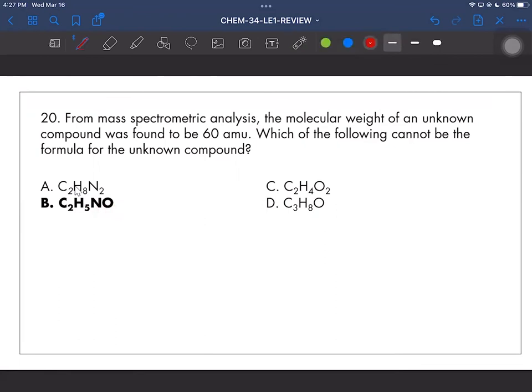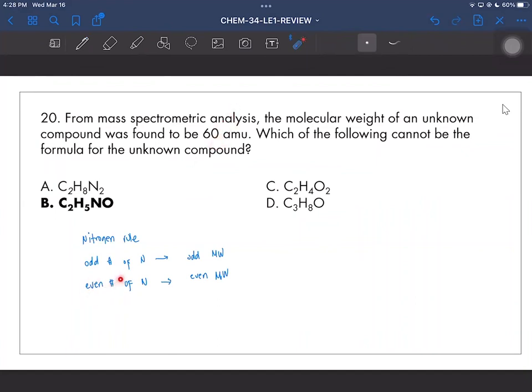But we can also find an easier way through the nitrogen rule. So yung nitrogen rule natin states that if may odd number of nitrogens, it would have an odd molecular weight. But if we had an even number of nitrogens, it would have an even molecular weight. So if you look at it, yung molecular weight natin, which is 60 AMU, is even.